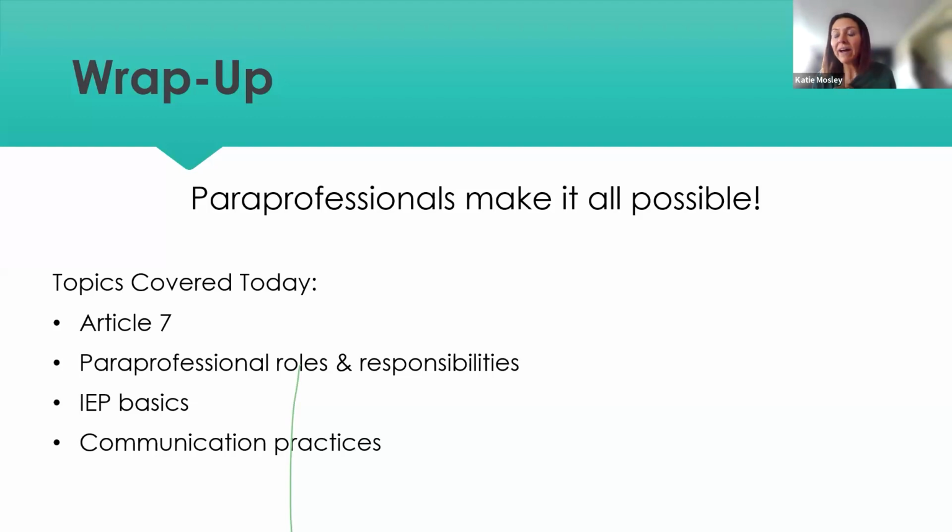Sometimes a student may qualify for an IEP, but if a private school doesn't have a special education program, then parents may deny their child's free and appropriate public education, is what we call it.